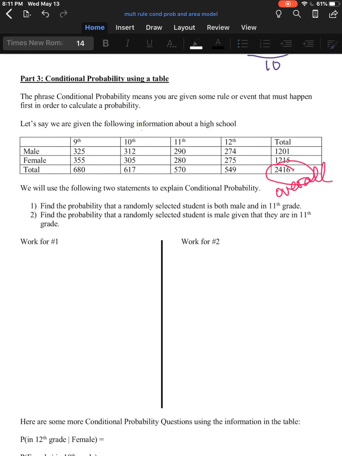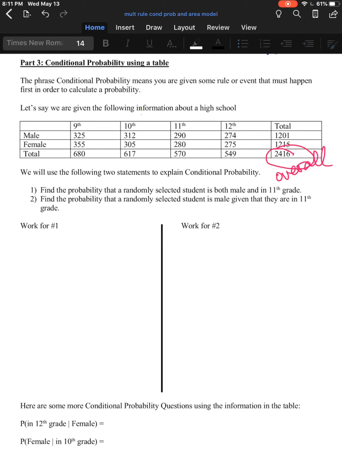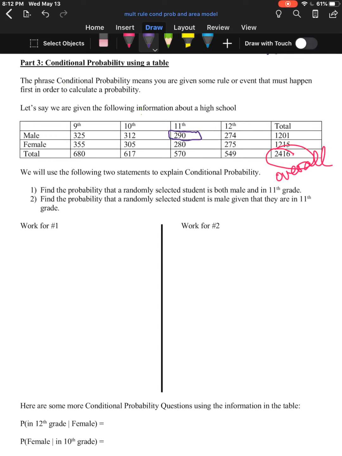So along the male line, you want to stop and see which number fits. So we have the probability that somebody is male and in 11th grade.